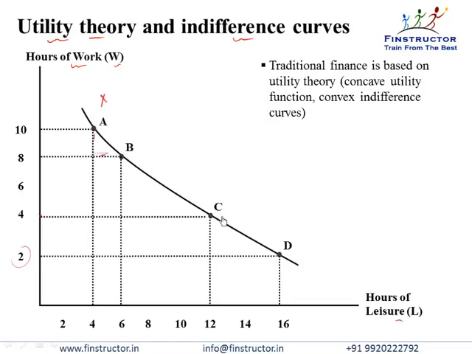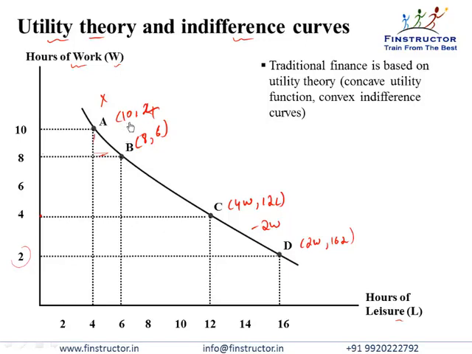Now let's see the difference between point C and D. Point C is 4 hours of work and 12 of leisure. Point D is 2 hours of work but 16 of leisure. Now if I see the difference between point A and point B, both have 2 hours less of work. Similarly, point C and point D also have 2 hours less of work.